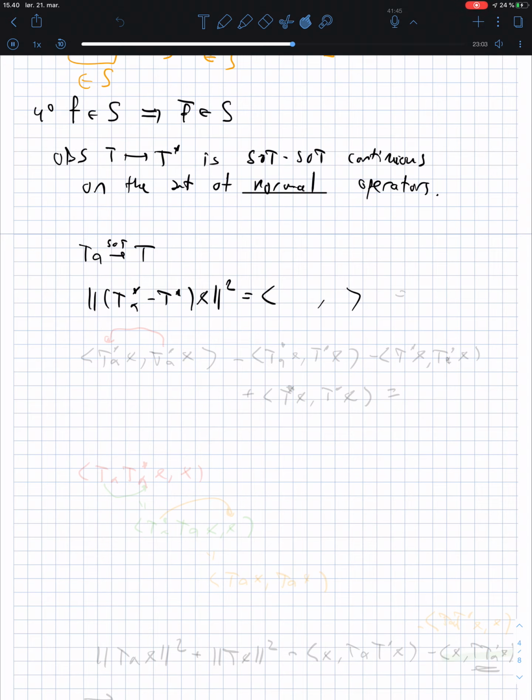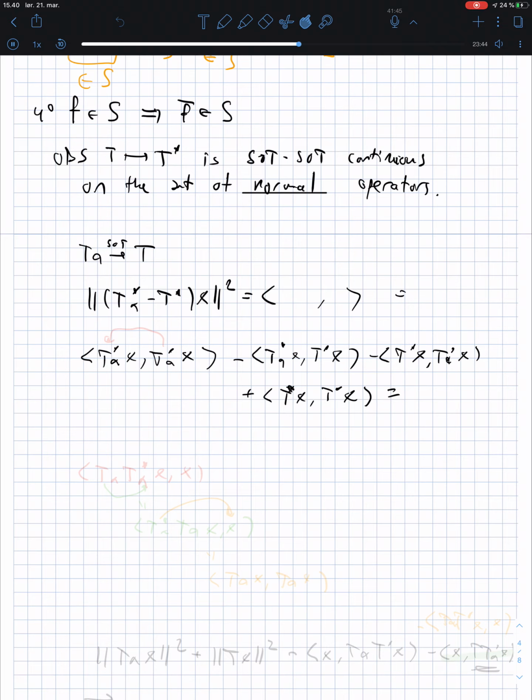If we collect these 4 terms, they will look like T alpha star x, T alpha star x with a plus, T alpha star x, T star x with a minus, T star x, T alpha star x with a minus, and then T star x, T star x with a plus.